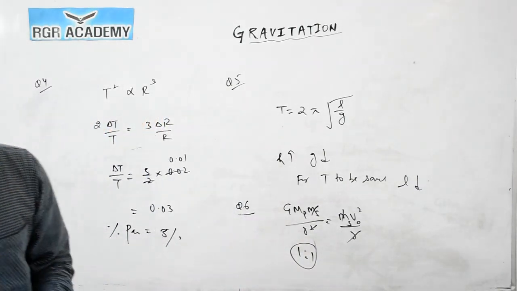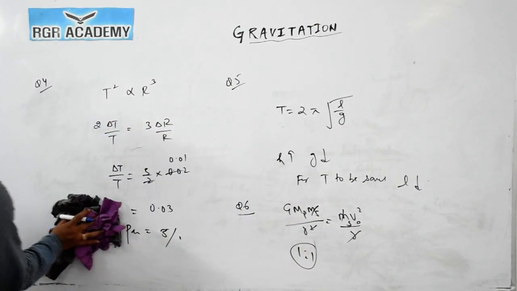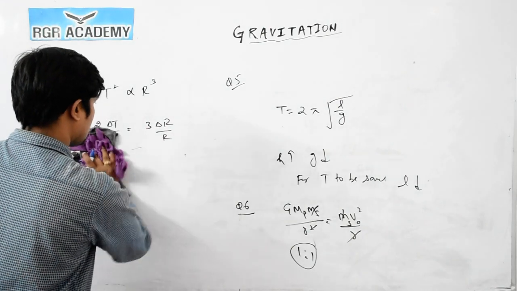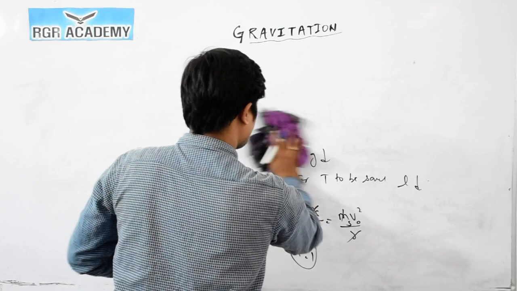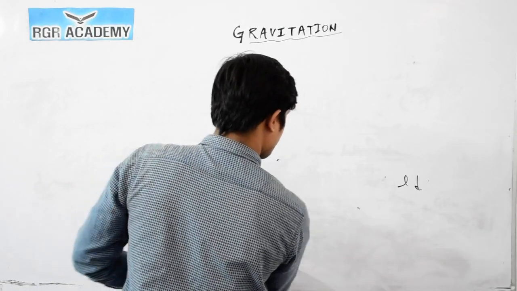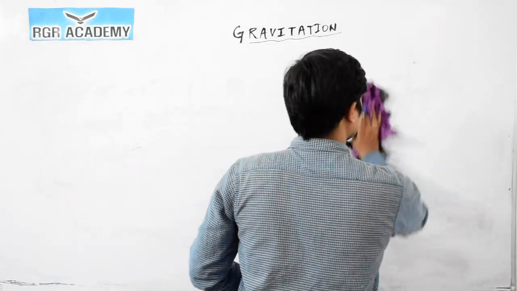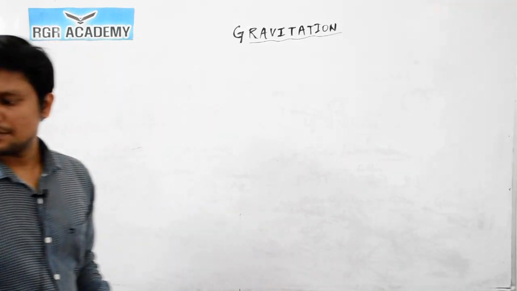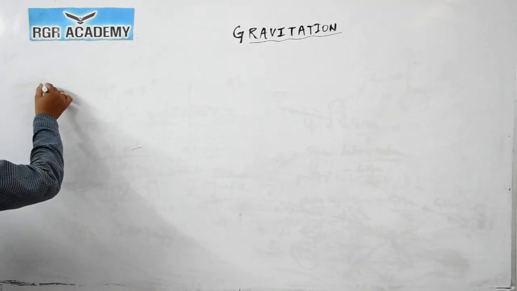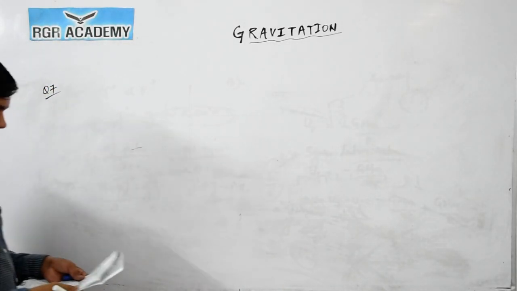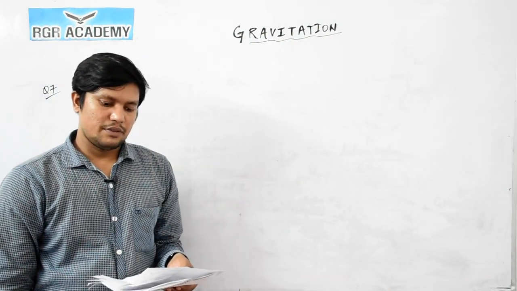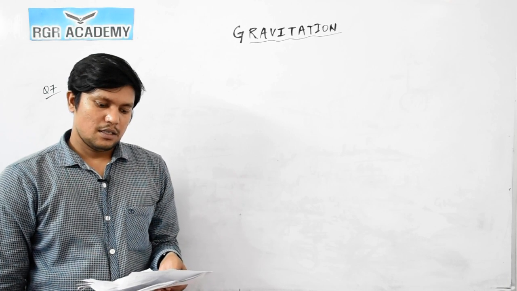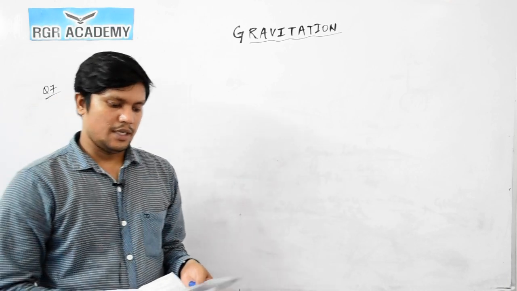Now we will move on to question number 7. A body revolves around the sun 27 times faster than the earth. What is the ratio of their radii?